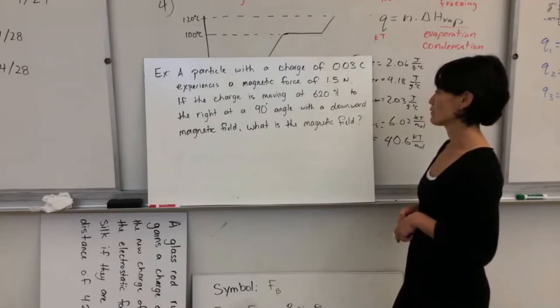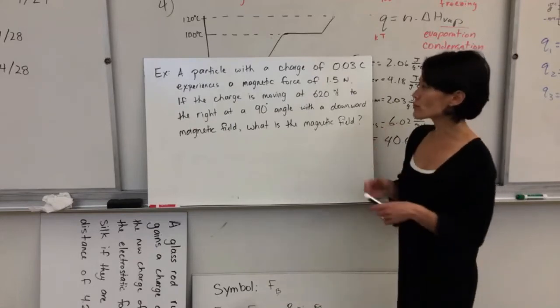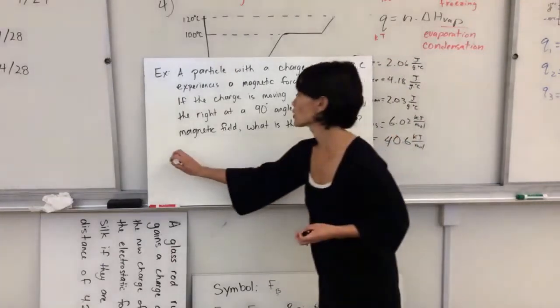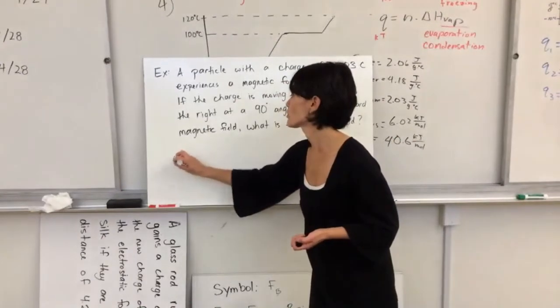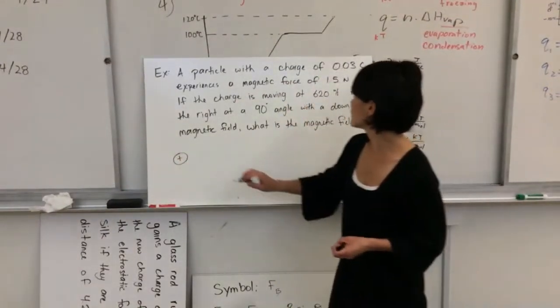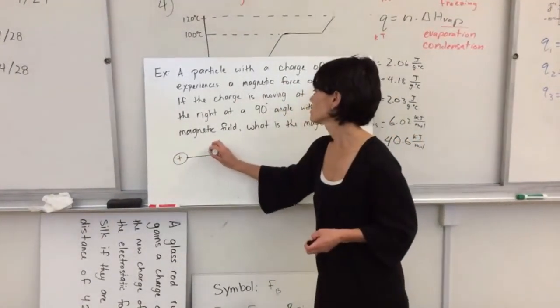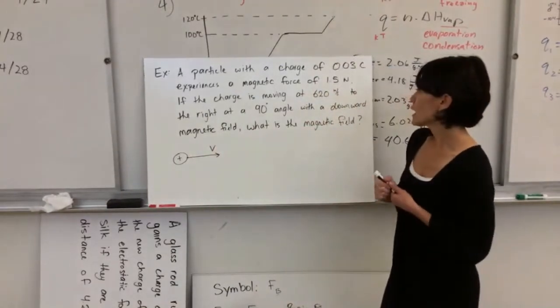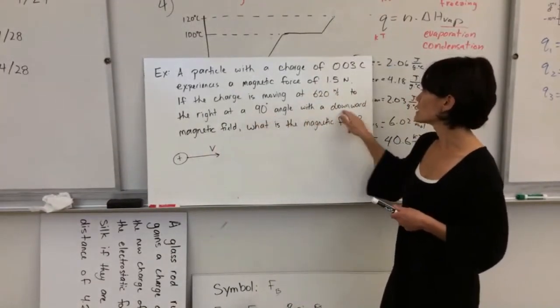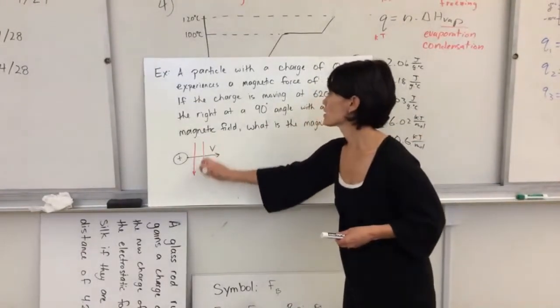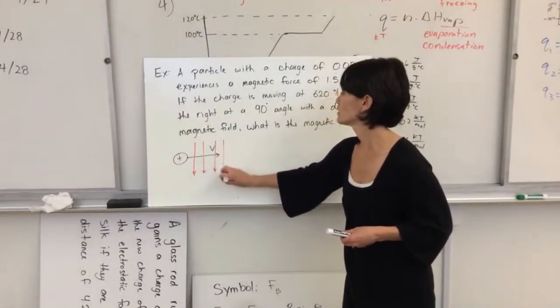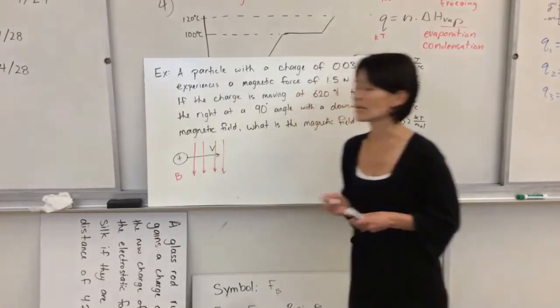What is the magnetic field? In terms of a visual, you've got this particle, a positively charged particle, moving to the right. So there's the velocity. It's moving to the right at a 90-degree angle with a downward magnetic field, so I've got this magnetic field that looks like that.